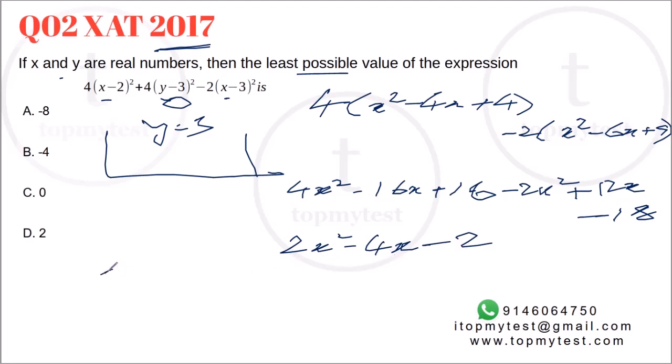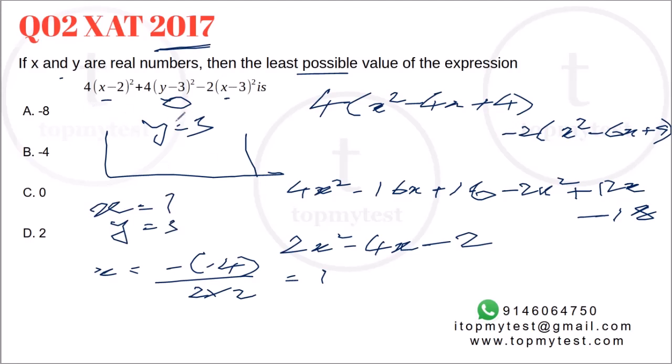What will be the minimum value of this? This will happen at x is equal to minus of minus 4 divided by 2 into 2, which is equal to 1. So at x is equal to 1, you'll get the minimum value of the x expression. At y is equal to 3, you'll get the minimum value of the y part. If you put y is equal to 3, you get 0.